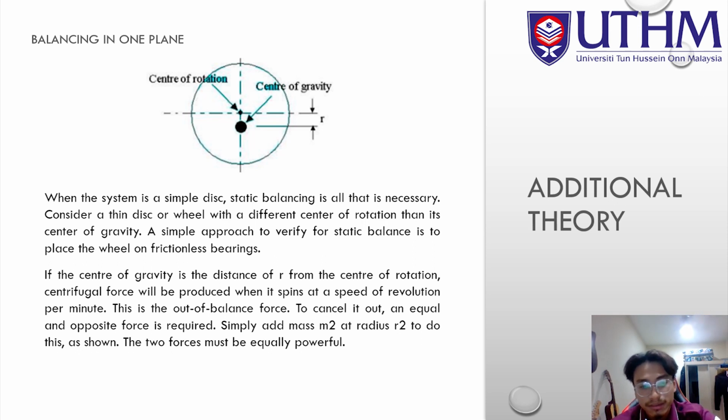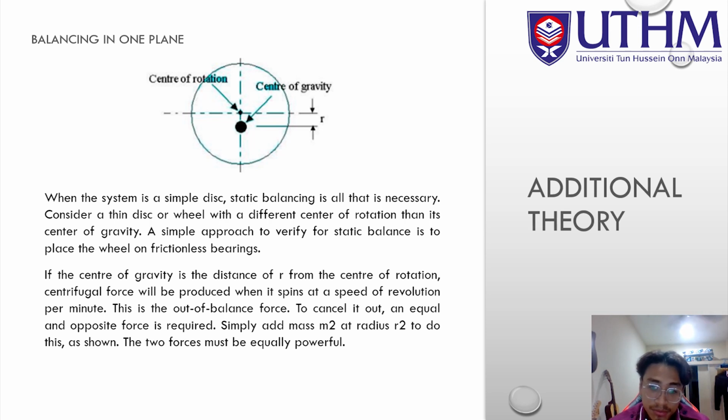Considering a thin disk or wheel with a different center of rotation than its center of gravity, a simple approach to verify static balance is to place the wheel on frictionless bearings. If the center of gravity is at a distance r from the center of rotation, centrifugal force will be produced when it spins at a speed in revolutions per minute. This is the out-of-balance force.